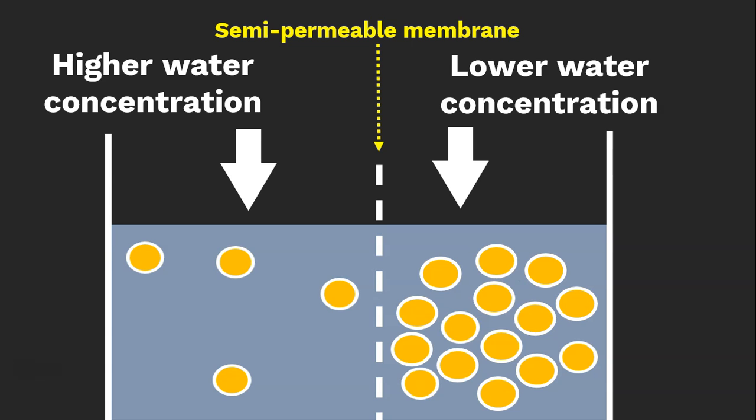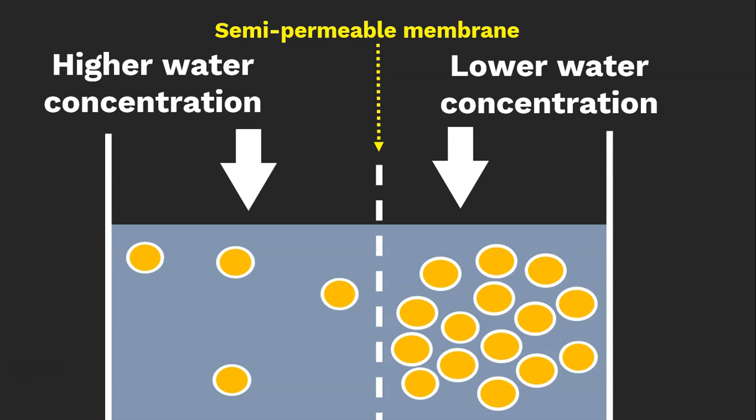And this partition that we have here is our semi-permeable membrane. So a semi-permeable membrane, also called a selectively permeable membrane, they're both the same thing, means that this membrane or this surface has many pores in it, and it only allows selective or specific substances to enter through at a time.